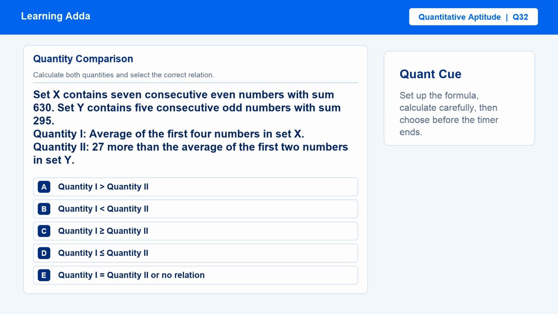Option B, quantity 1 is less than quantity 2. Option C, quantity 1 is greater than or equal to quantity 2. Option D, quantity 1 is less than or equal to quantity 2. Option E, quantity 1 is equal to quantity 2 or no relation. The timer starts now.